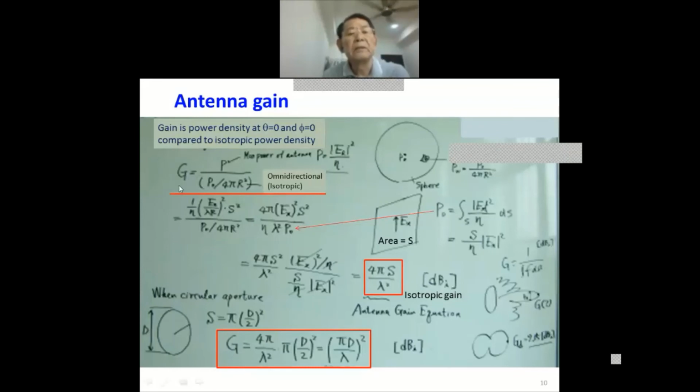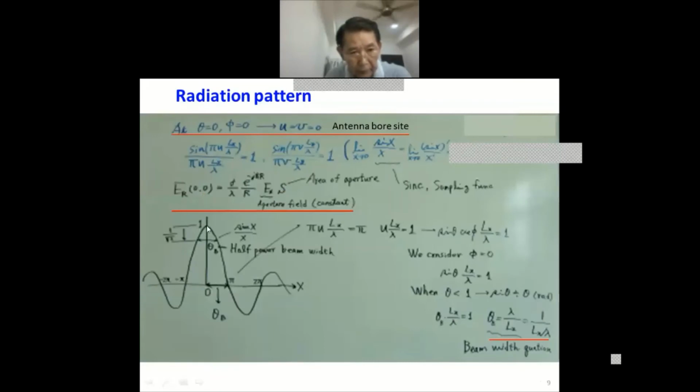Gain is given by this equation, the omnidirectional spherical radiation. This is the power density of the sphere. This is the maximum power at the strongest point, this one.